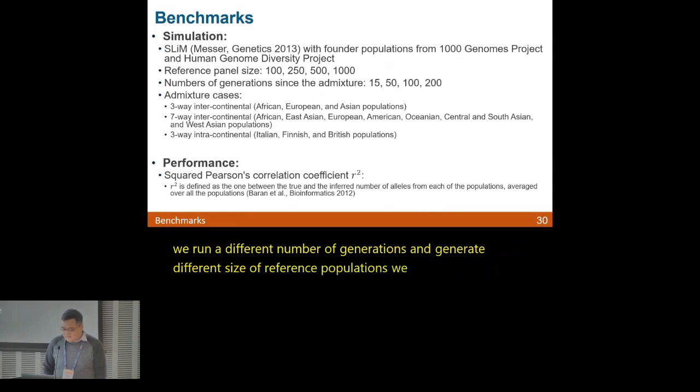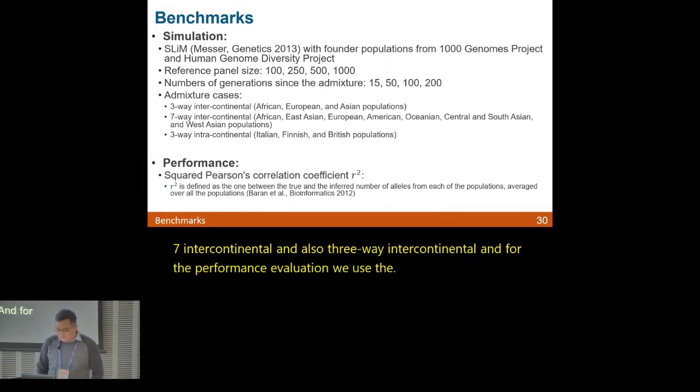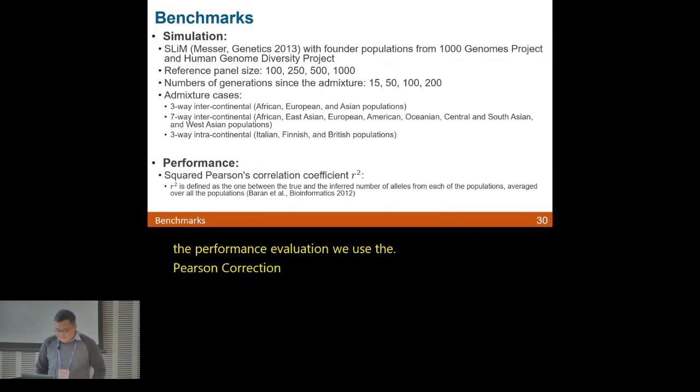We also look into different mixture cases: 3-way intercontinental, 7-way intercontinental, and also 3-way intercontinental. For the performance evaluation, we use the squared Pearson correlation coefficient, whose definition follows previously published work.